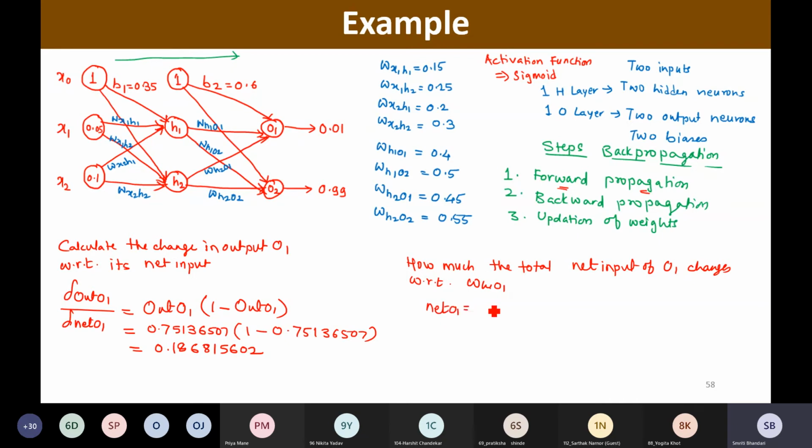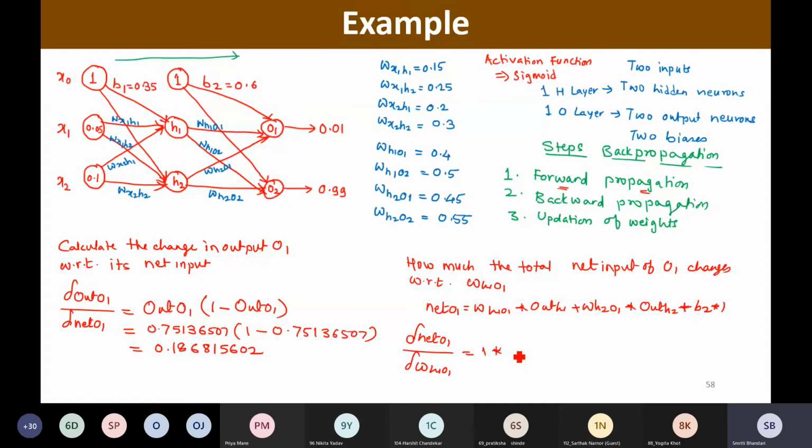See here, net O1, we know the formula for net O1. It is WH1O1 into out H1, we have seen this earlier, plus WH2O1 into out H2, plus B2 into 1, right? And what we want is to compute the partial derivative of this net O1 with respect to WH1O1.